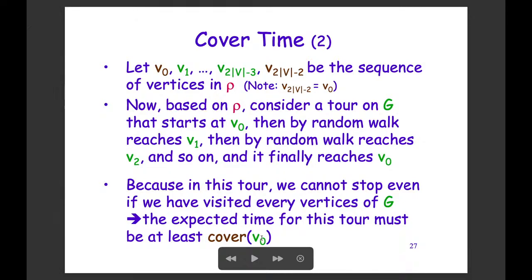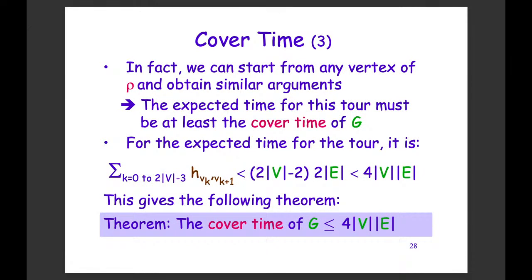Because for V0, cover time of V0 is the cleverest way. We will not need to follow any restriction as long as all the nodes are hit, and then we can come back to V0. As long as all the nodes are hit, then it is already okay. But in the restricted case, we need to travel more. So what we are traveling must be at least cover of V0. And so we will see that this is the expected number of steps that we need to travel in the restricted way.